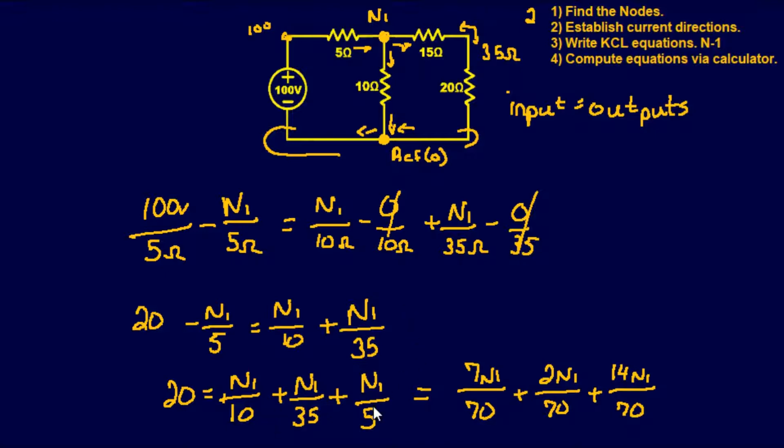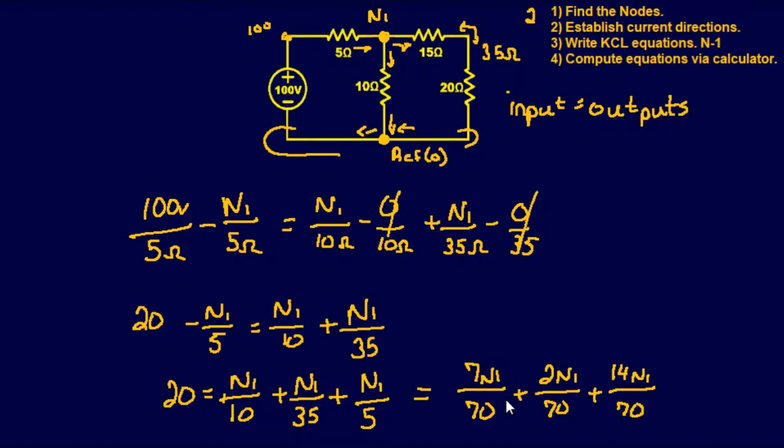See how I did that? I multiplied 14 times 5 to give me 70, and then 14 times N1 to get 14 N1, 35 times 2 to give me 70, and then 2 times N1, and so on. Just our basic algebra, how we did it back in preschool.